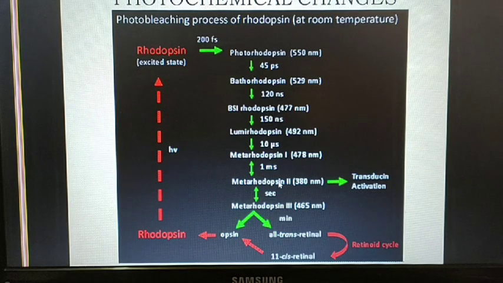In a minute, meta-rhodopsin 2 is hydrolyzed to yield opsin and all-trans retinal, which diffuses away from the protein.